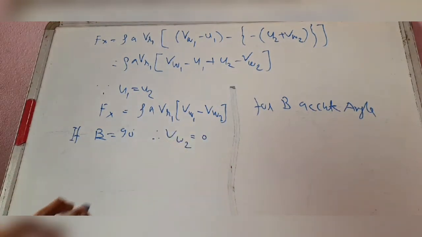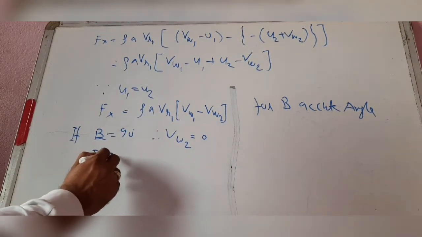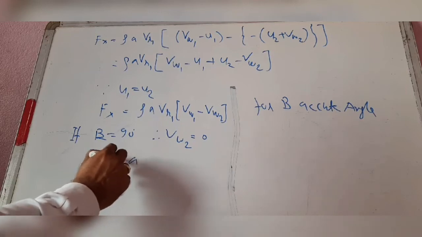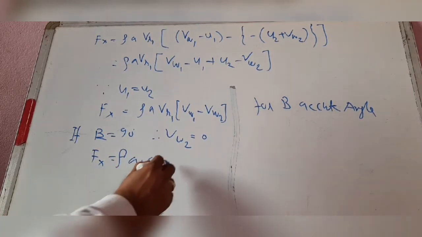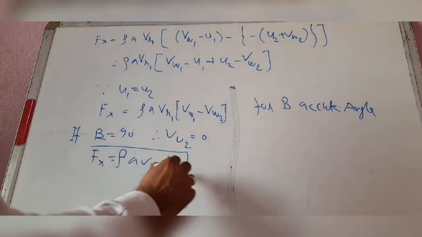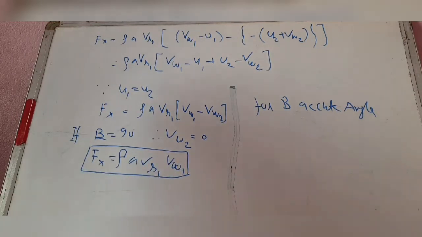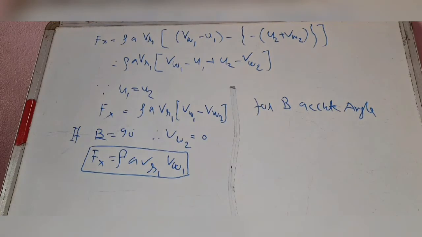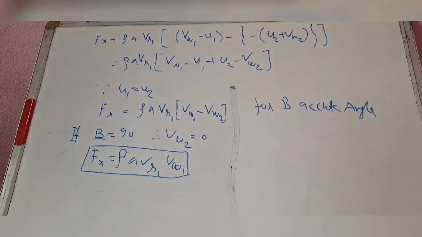At that time the value of Fx comes rho a vr1 vw1. This is the equation when beta is 90 degrees, means the outlet is at a right angle.